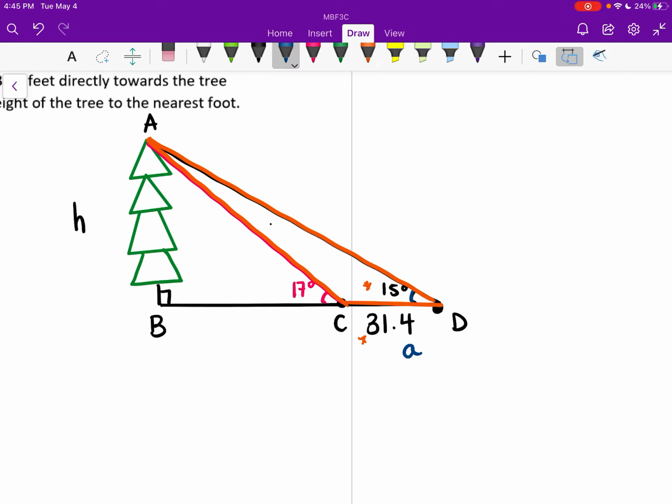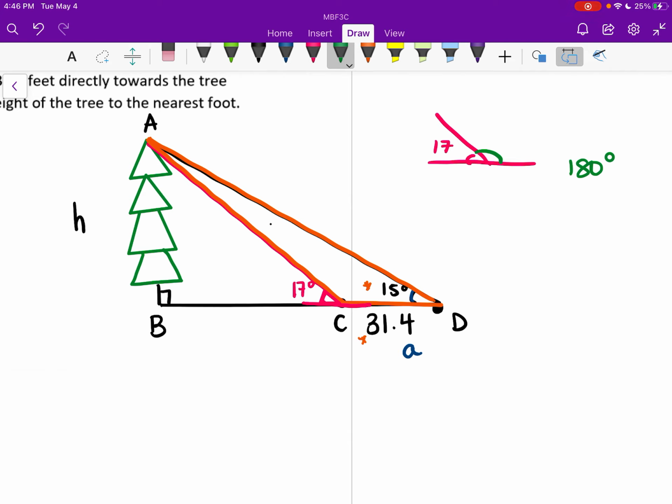But what I can do is, if I look at this triangle, I know this angle right here. And I know that this is a straight line. So I say, okay, this is 17. If you remember from grade 9, if you have an angle on a straight line, that entire straight line is equal to 180 degrees.